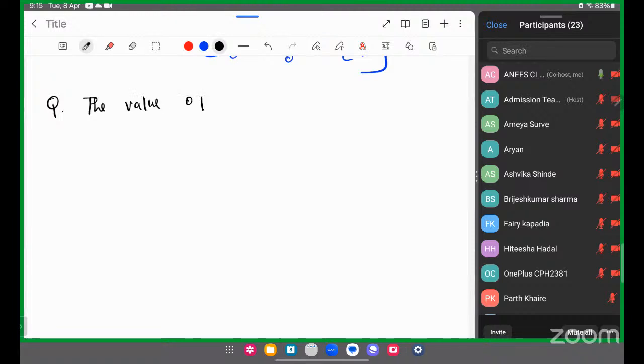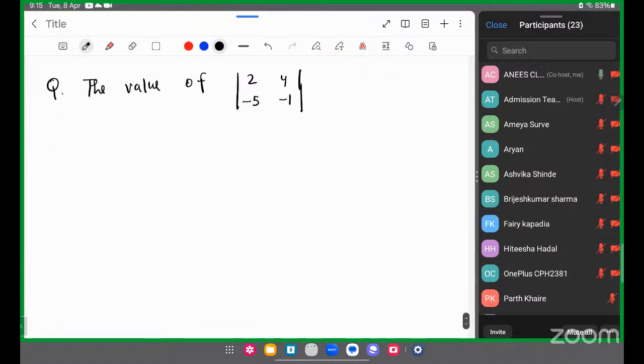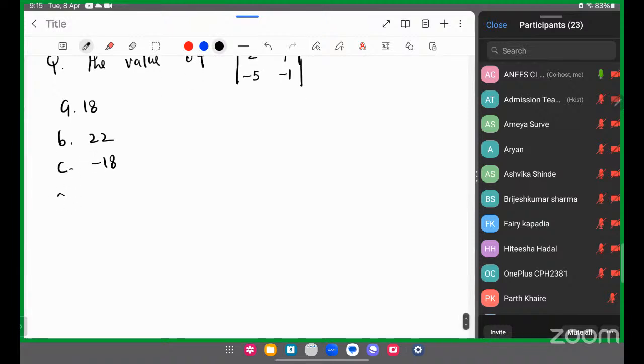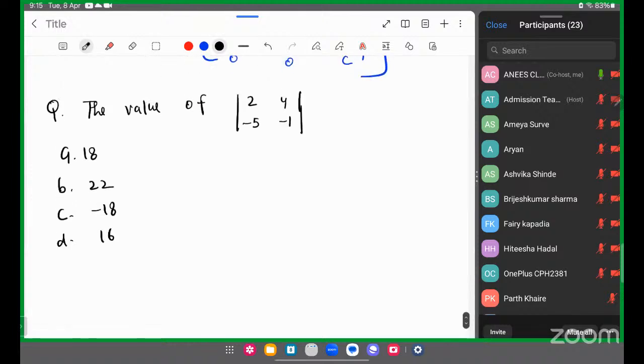Find the value of determinant 2, 4, minus 5, minus 1. Options are 18, 22, minus 18, 16. So this is straightforward.